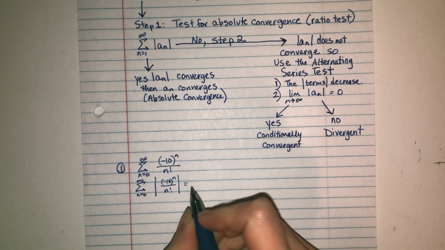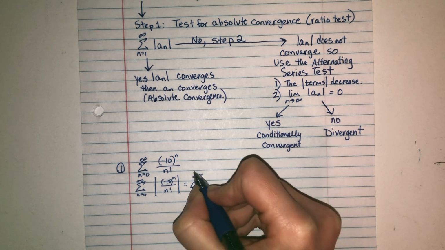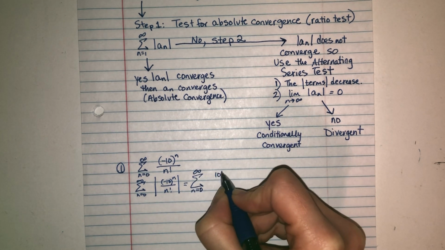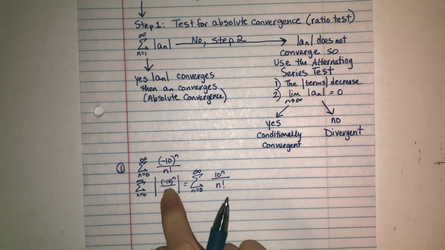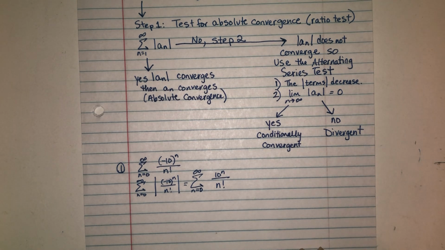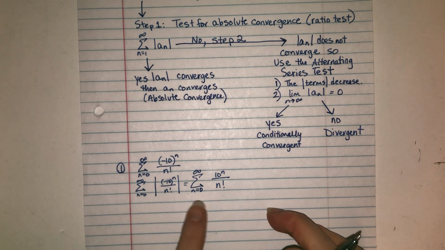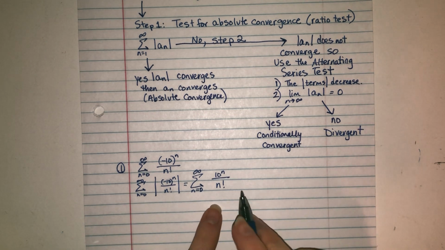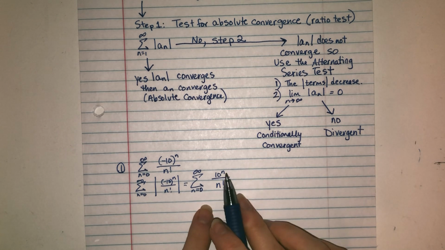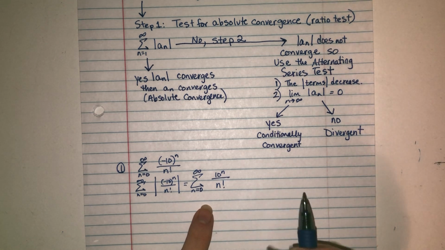Well, this is the same thing as the sum from n equals 0 to infinity of 10 to the n over n factorial, because that negative being raised to the nth power is not going to impact the series anymore since we've got the absolute value bars. So looking at this series, I think I'm going to use the ratio test to determine if this is a converging or diverging series.